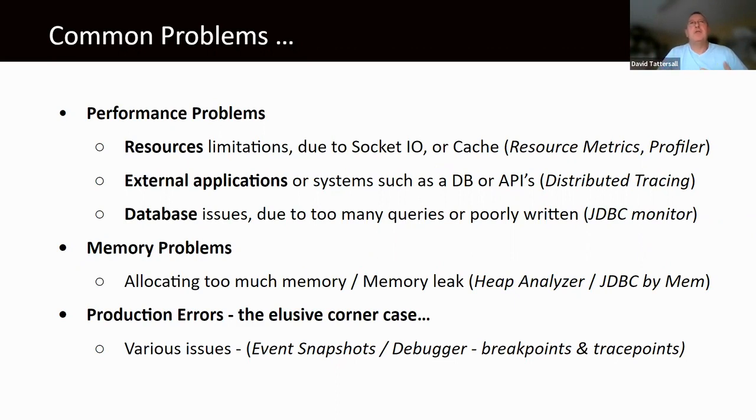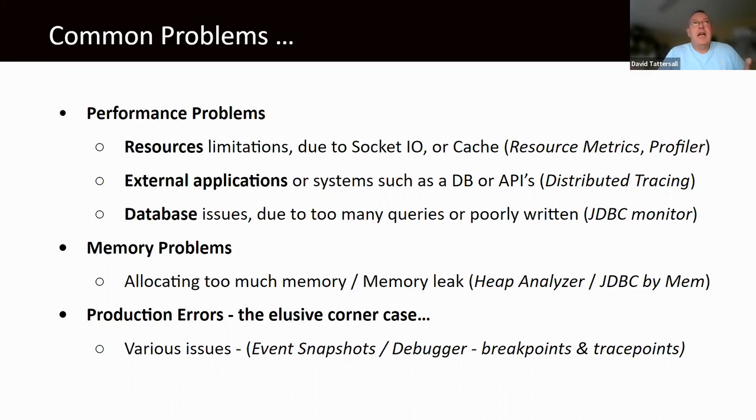You might have resource bottlenecks, maybe due to socket I/O or a caching issue, and we can analyze that using metrics and the built-in profiling capability. Then you may have external applications, such as databases or APIs, and we can see that through distributed tracing.